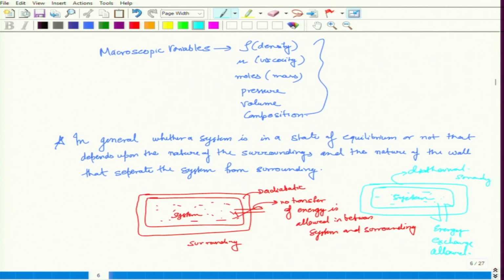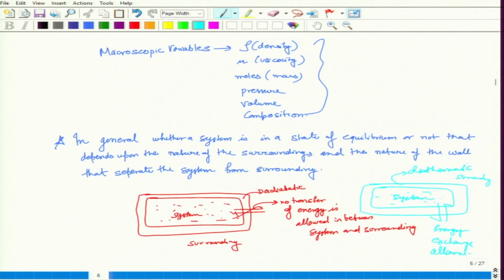Then it is a diathermic or diathermal wall, and here equilibrium is achieved when some of the variables stop changing with time. Initially, when it comes in contact with the surrounding, there is a change in the pressure or the volume of the system, but after some time this converges and becomes constant, and so it reaches equilibrium.